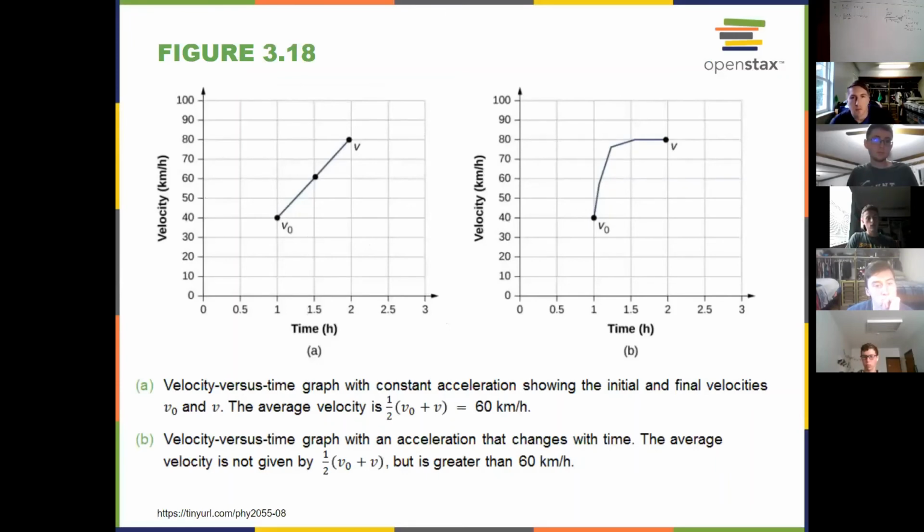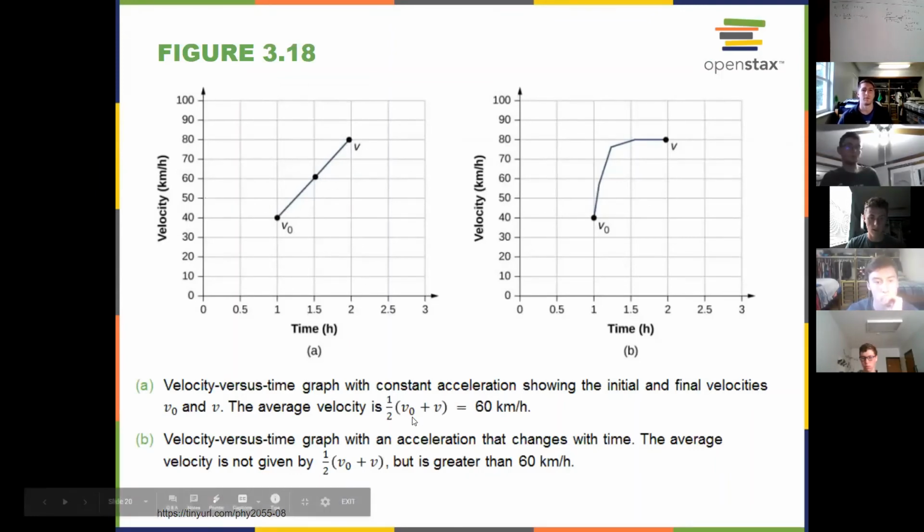So in this case, we are talking about constant acceleration, right? That means the change of the velocity should be linear. So velocity versus time t should be linear. And then you can only use the equation of 1/2 v0 plus v if this is constant acceleration.